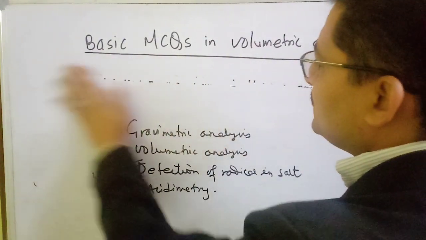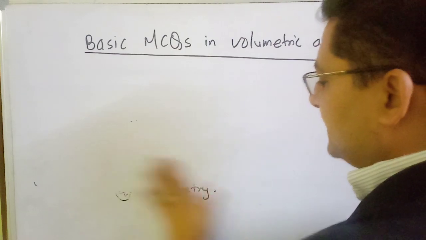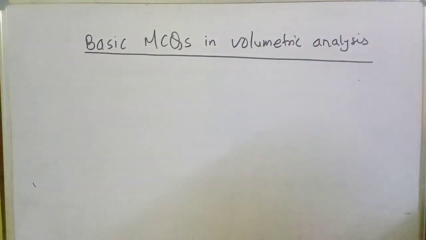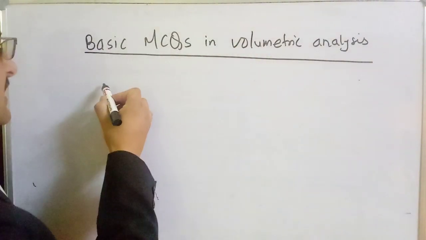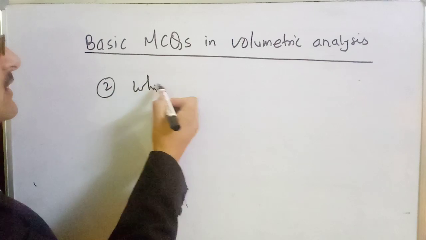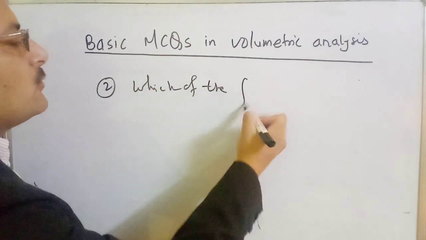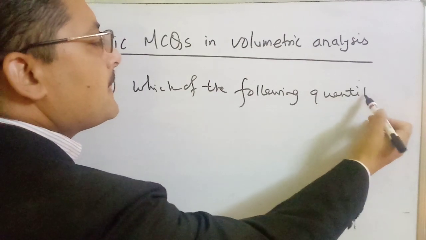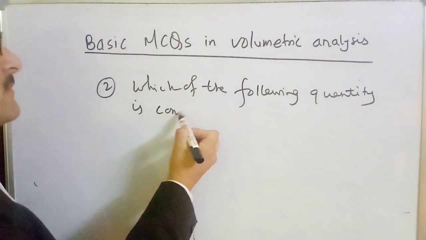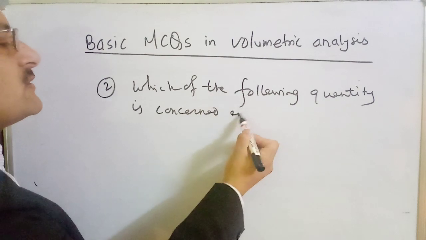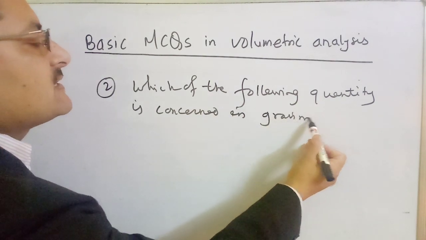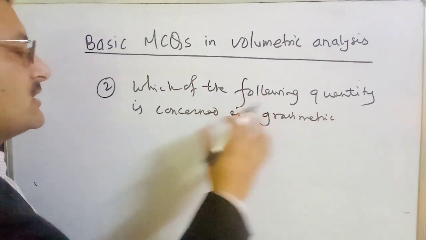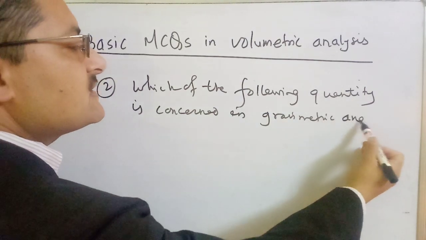Now let us go to the second MCQ that you may be asked in the exam. The second MCQ is, which of the following quantities is concerned in gravimetric analysis?